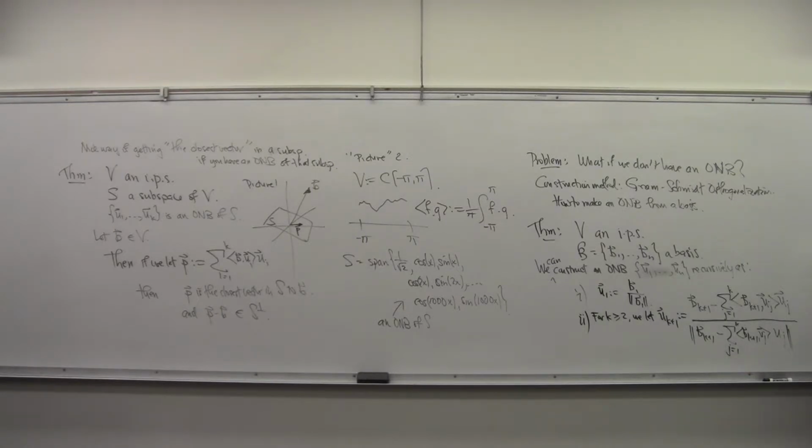That's P, this is P from the theorem, where we're taking our b k plus 1, getting the projection P, and subtracting that off.